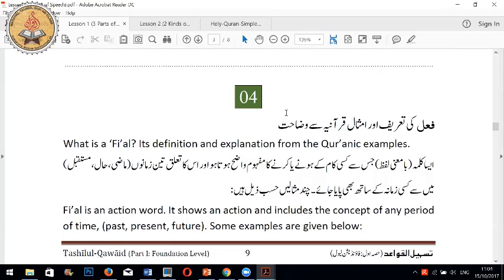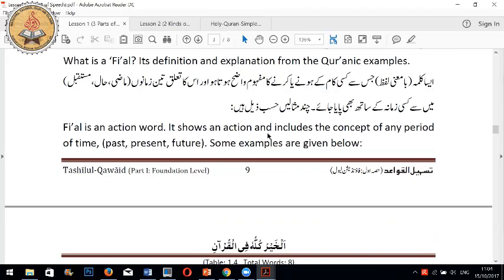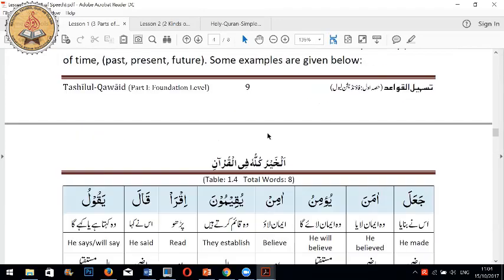You see, as soon as a word includes a concept of time, meaning of time, past, present, or future, this is a doing word, this is an action word, and technically it is called fi'l, working, doing word. So some examples are given below in table number 1.4.